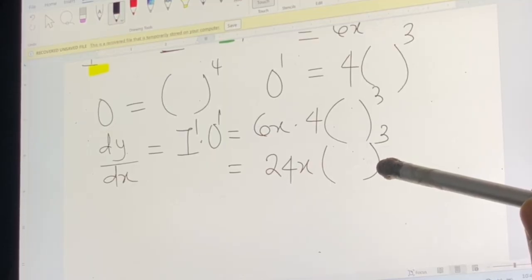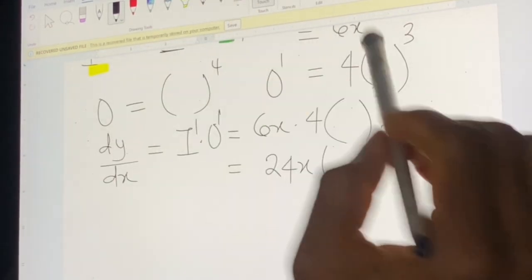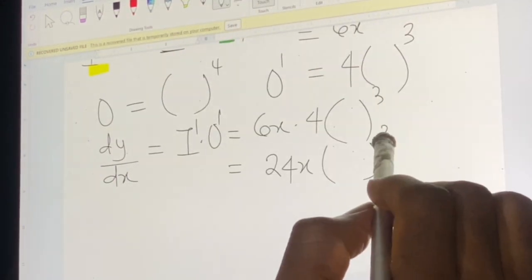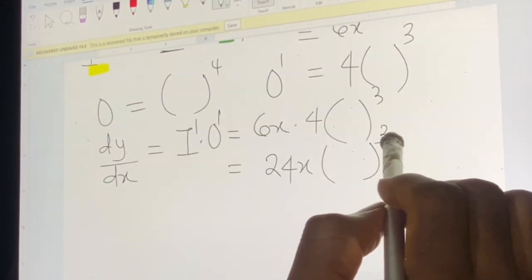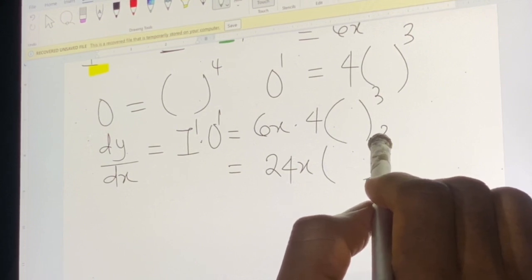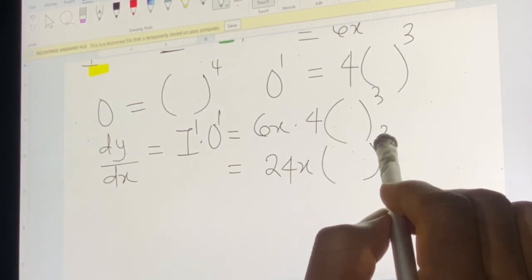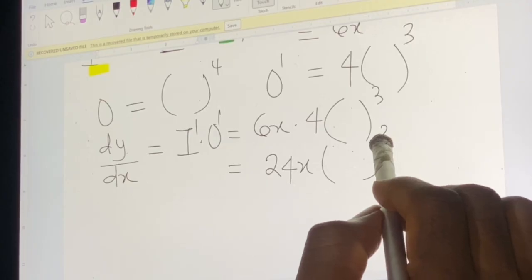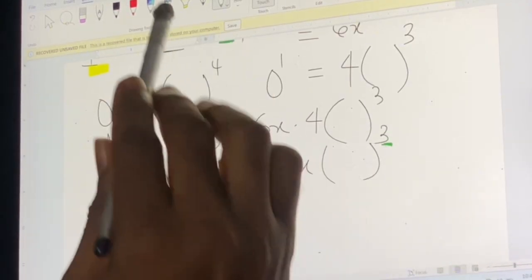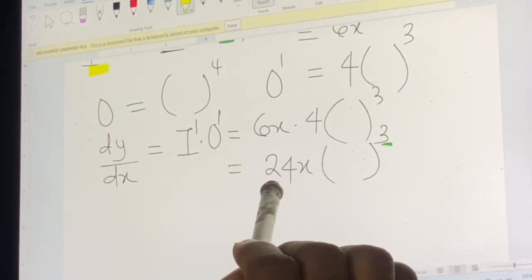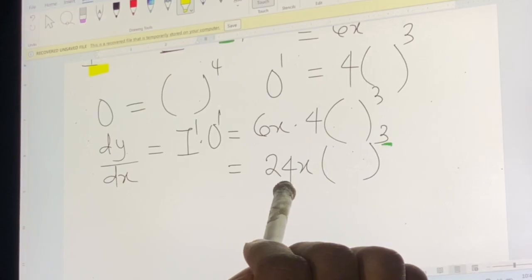You don't expand. So we have a bracket here with a power of 3, so there's no need for me to expand this.